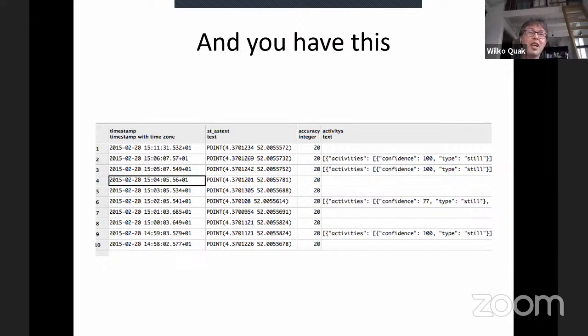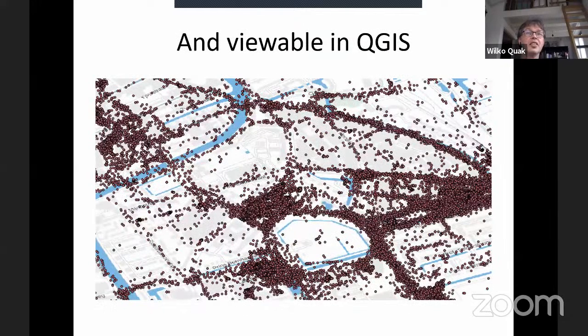Still, this looks like a database, and the nice part is that if you're using PostGIS spatial, a GIS tool can read this column and make maps out of it. So I used QGIS, which you also know, I guess, to view the data that was in Postgres, and then it looks like this.